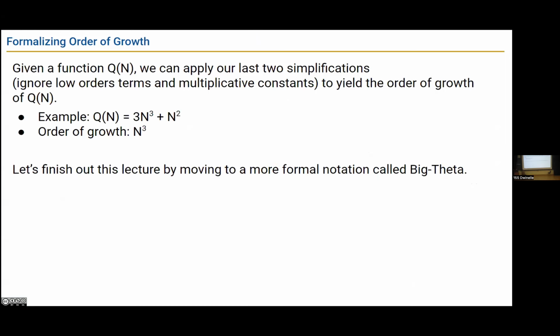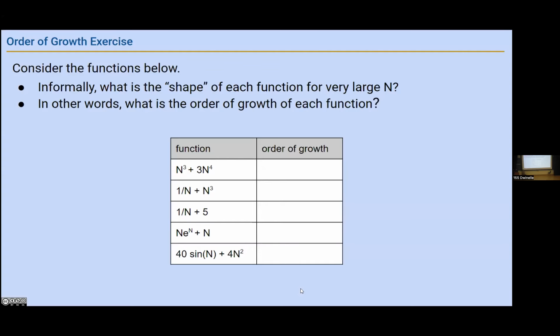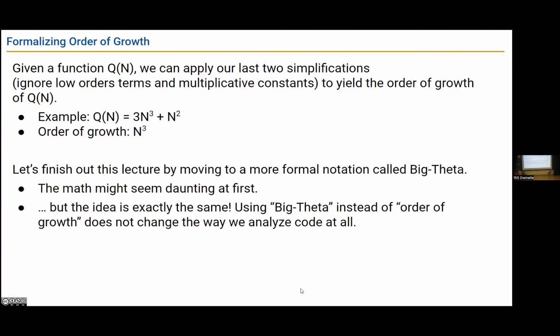Let's show a more formal notation to specify what we did. The math might be a bit complicated, but the idea is the same. If you understand the intuition behind what we were doing earlier, that's all you really need to know. You don't need to know this complicated formula. But it's useful to have it available.